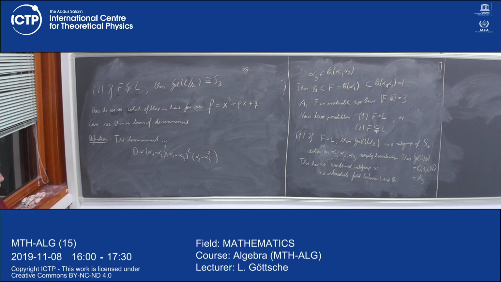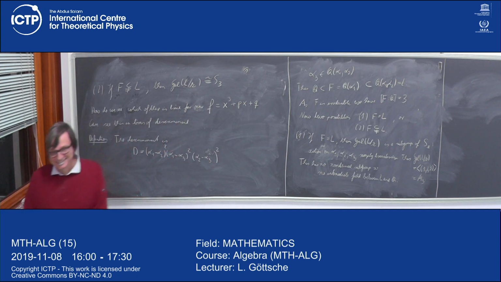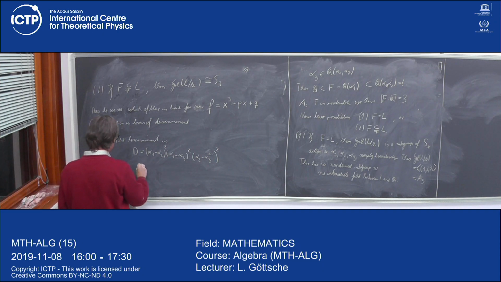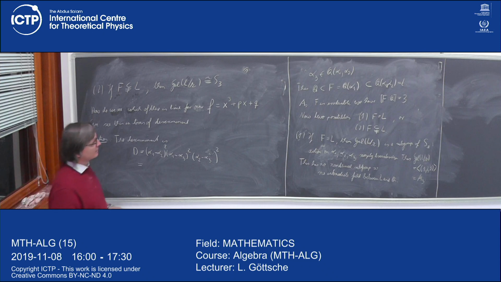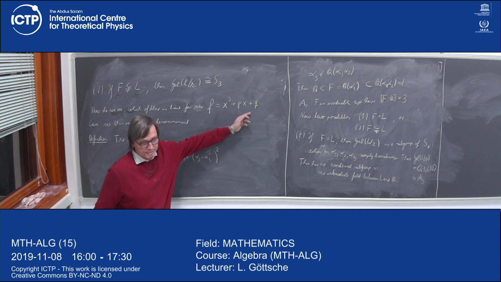Obviously the square was here, otherwise it would be somewhat strange. And now this is equal, as you can check after some calculation. Remember that I had said what the relation between the alpha i's and the P and Q is.